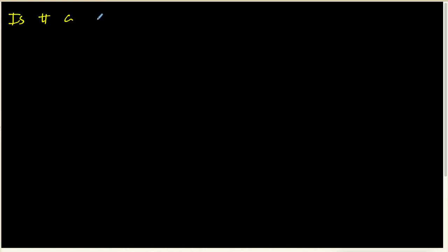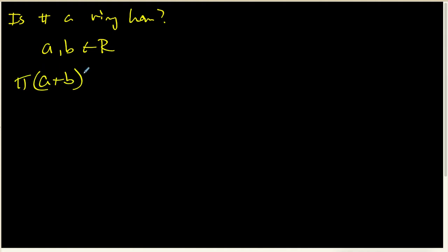Is pi a ring homomorphism? Well, let's consider the addition and what pi does to the addition. So in other words, I'm going to let a and b be inside R, and I'm going to look at a plus b, and let pi eat that element. And what I know is that pi of any element is just the coset with that particular representative.